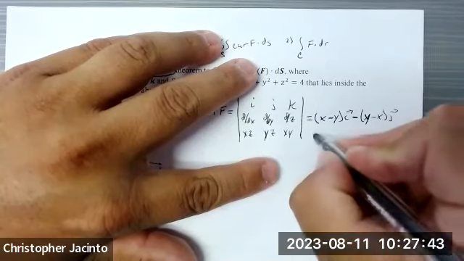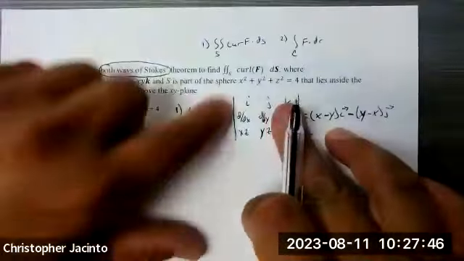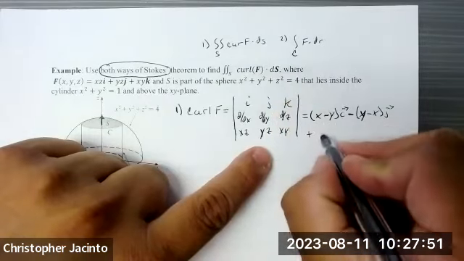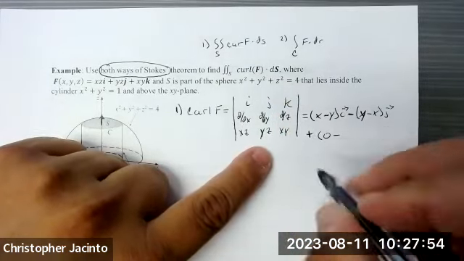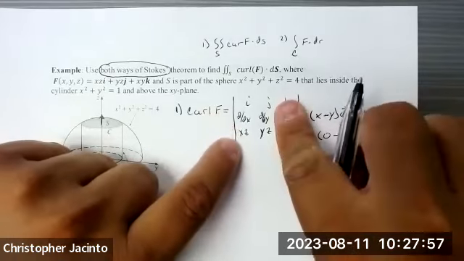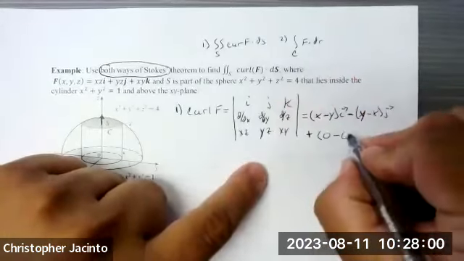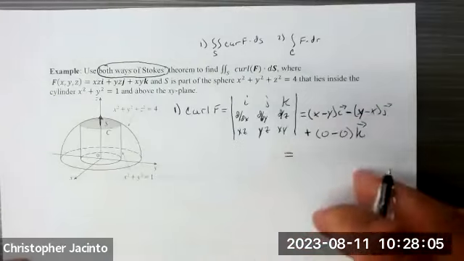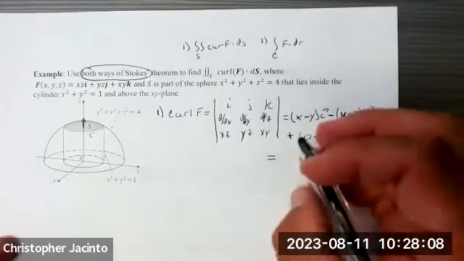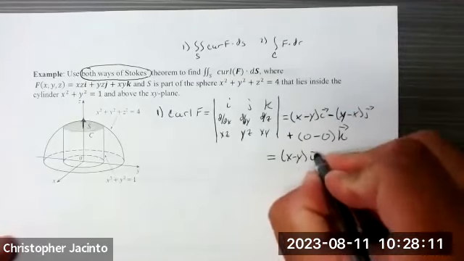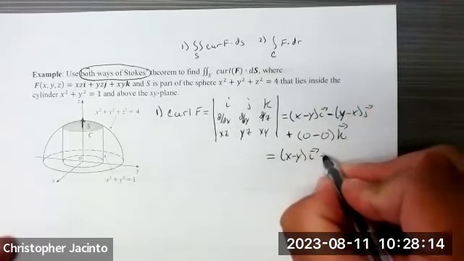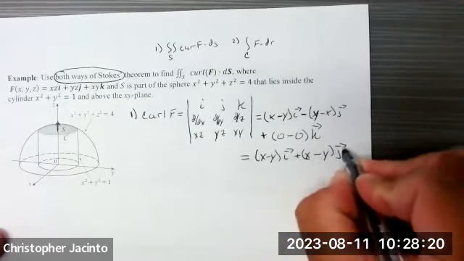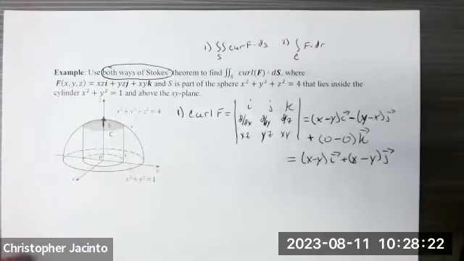X. And then the last one, with respect to x is 0. And then with respect to y is 0. Okay, so our curl is going to be x minus y i, plus x minus y j. Right, and the k is gone.